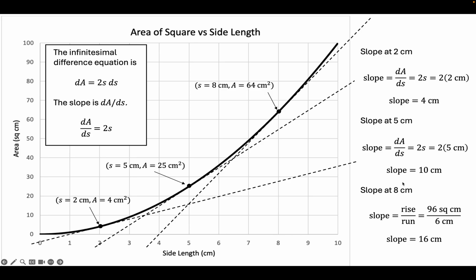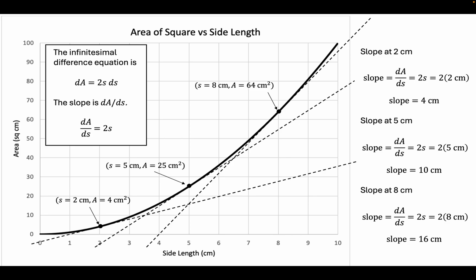If you go up to 8 centimeters, let's use the equation again. dA over ds is 2s. 2 times 8 centimeters is 16 centimeters. That's the same slope we got before. So by using the infinitesimal difference equation, we get the slope at every point. Everywhere. We don't have to draw a tangent line for a different point.